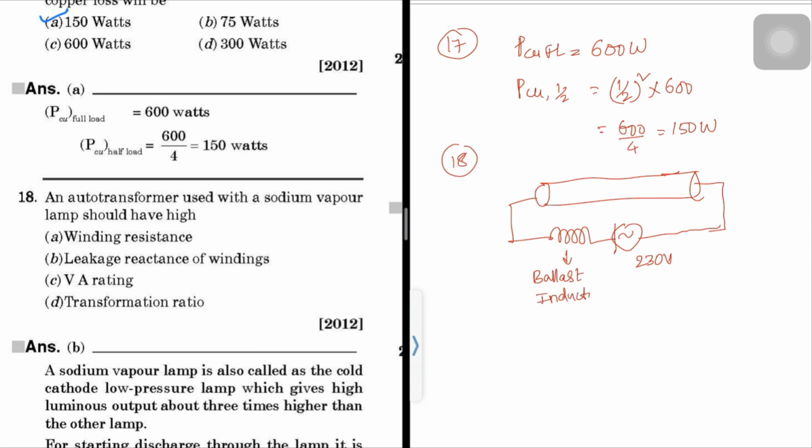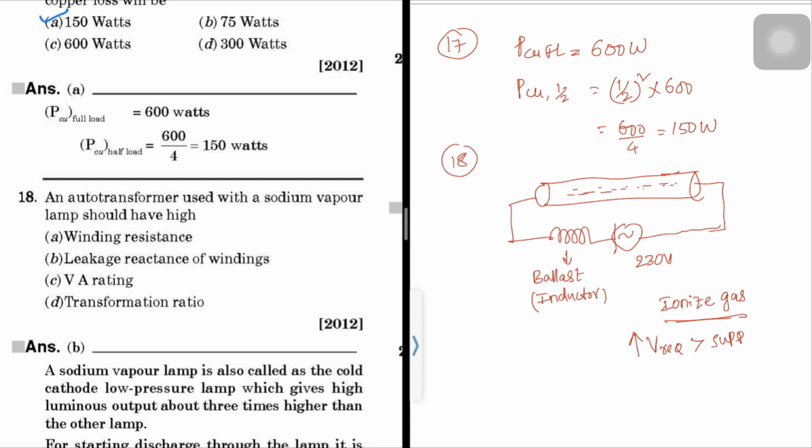It is like an inductor only. Now there is a gas present here, and we need to ionize that gas so that the light mechanism will start. To ionize that gas, the voltage required is greater than the supply voltage.